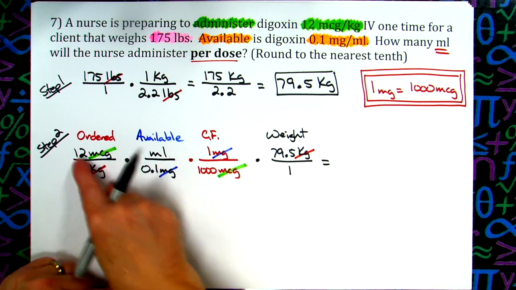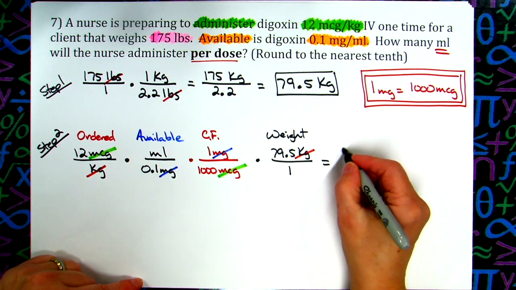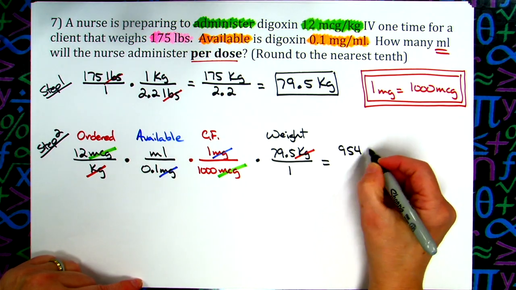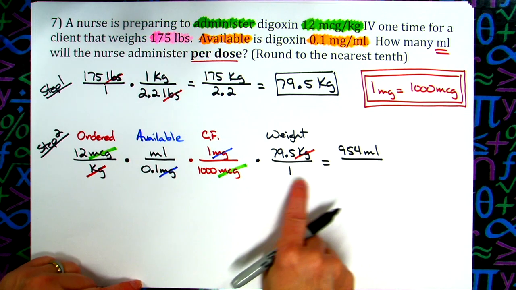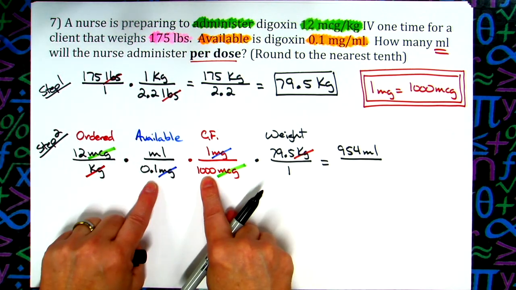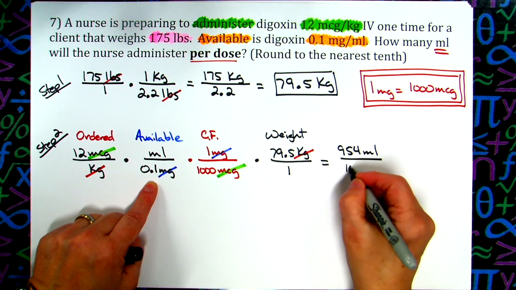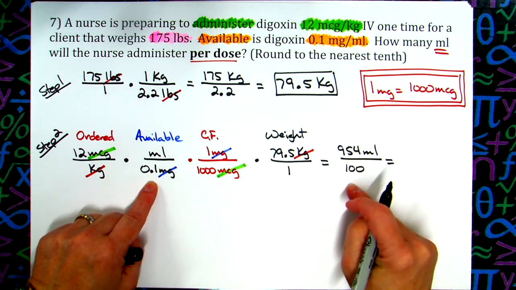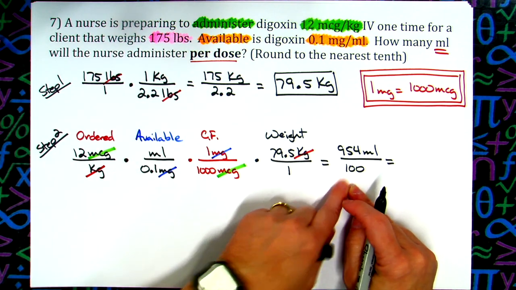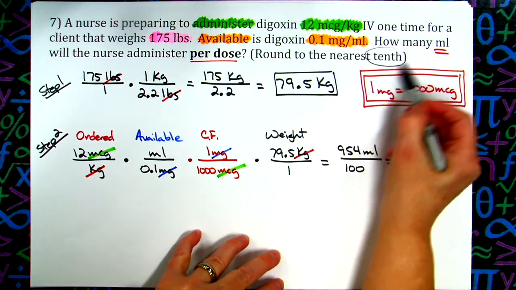So multiplying straight across the top, I'm going to have 954 milliliters. Multiplying straight across the bottom, 1,000 times that 0.1 is going to give me 100. Then straight division here. Now, it did say round to the nearest tenth.